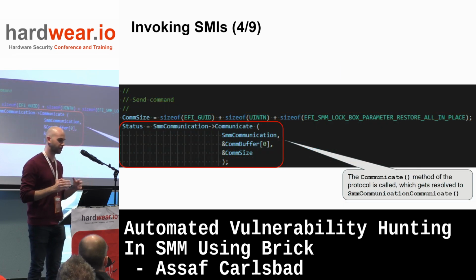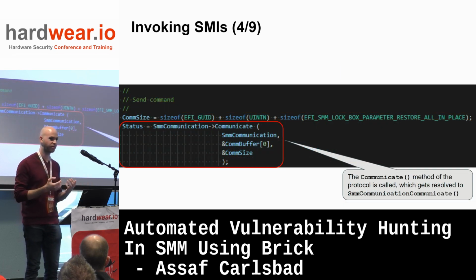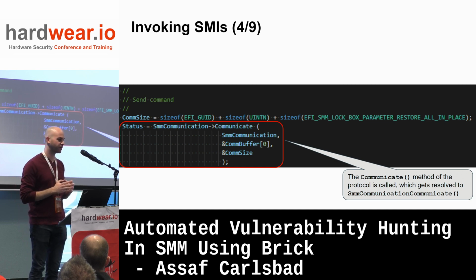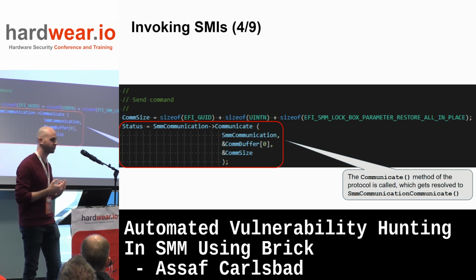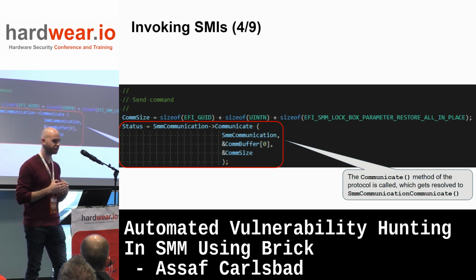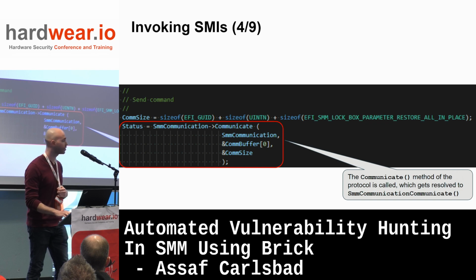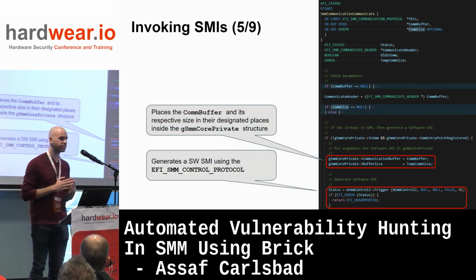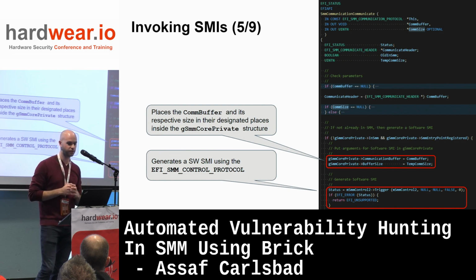So after the contents of the communication buffer were prepared this way, the code calls the communicate method of the SMM communication protocol. And this method call is eventually resolved into a function called SMM communication communicate. SMM communication communicate basically does two things.